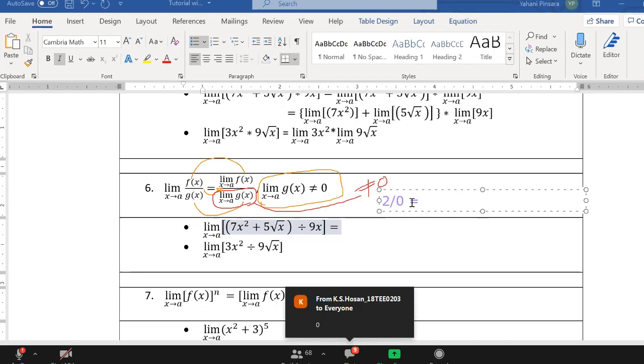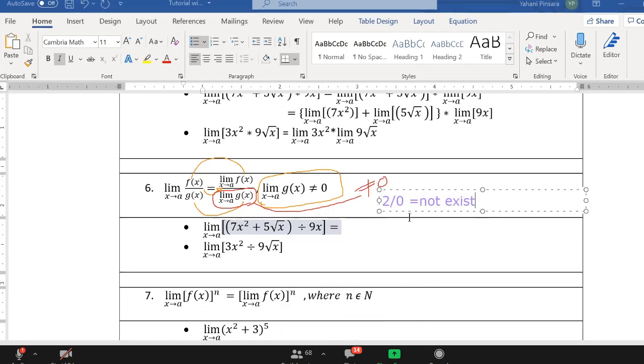No, 0 is not the answer. 2 is not the answer. Infinity is also not the answer. This does not exist. 2 divided by 0 does not exist.